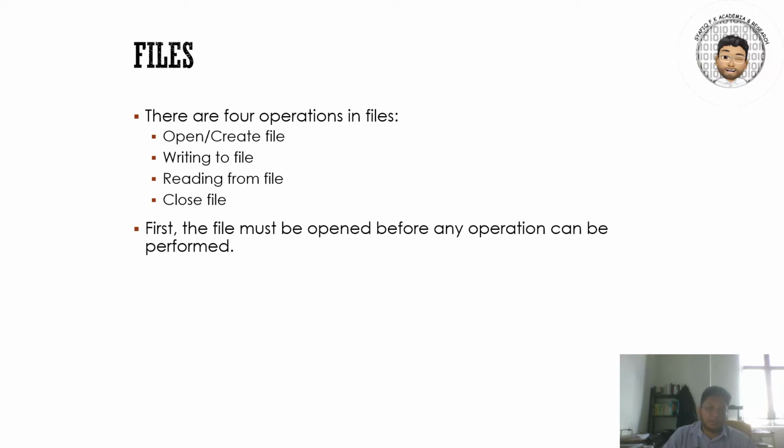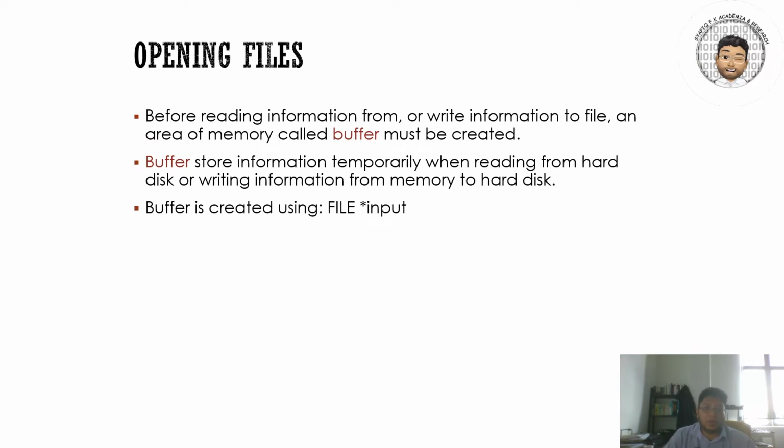There are basically 4 operations on files: open and create files, writing to files, reading from files, and closing the file. First, the file must be opened before any operation can be performed. When you want to open a file, you need to create a buffer like this, a file pointer input.